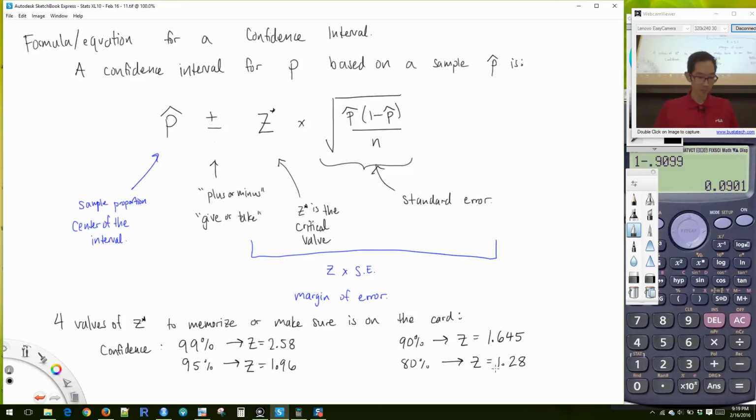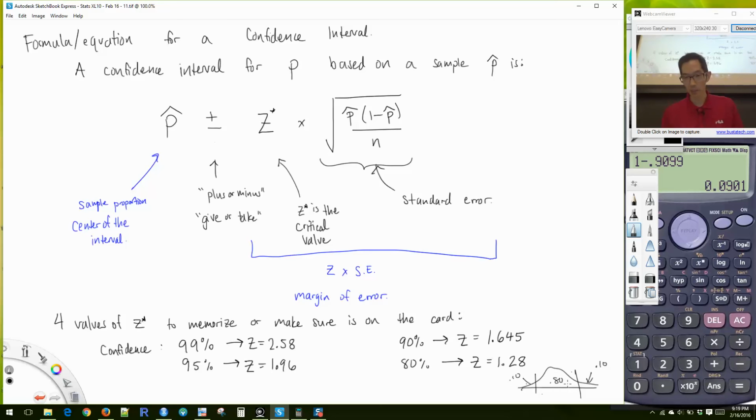If you were to look up z equal to 1.28 in your table, you would see that it's associated with 90%. The reason is, I'll just draw the little picture here. You don't have to draw this in your notes. We're going to have 10% over here, 10% over here, so you're going to have 80% in the middle.